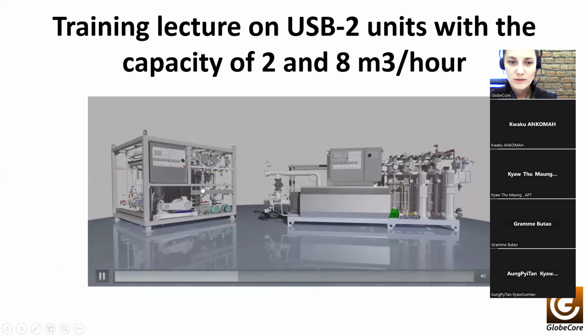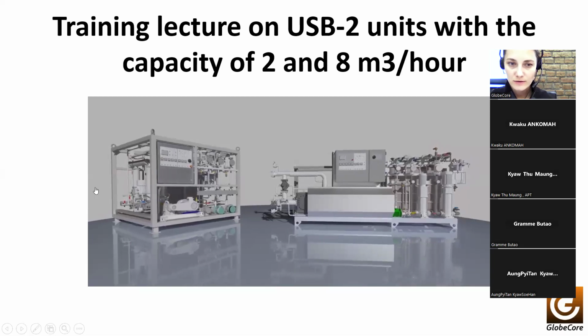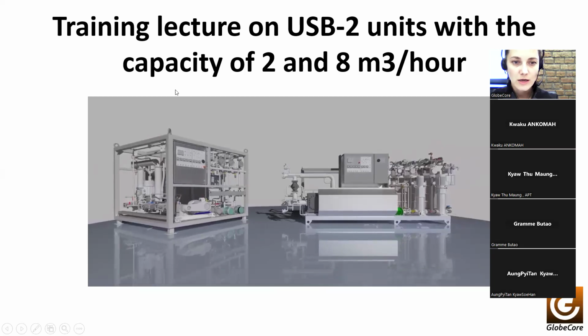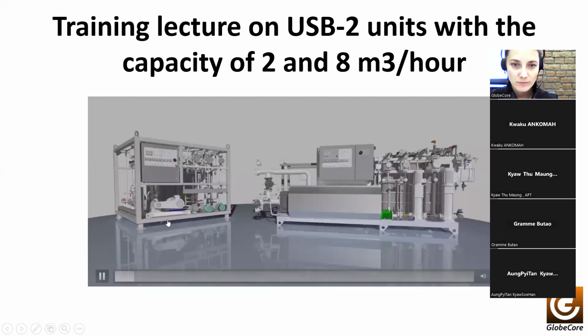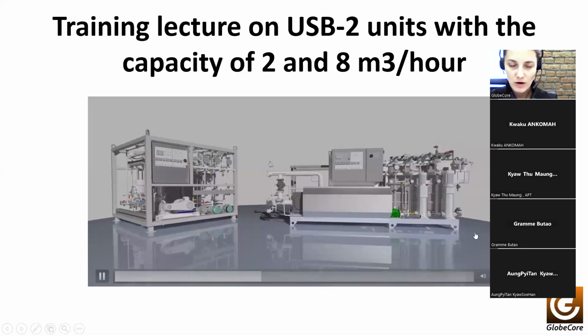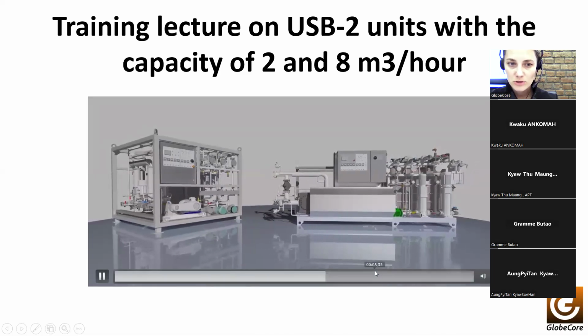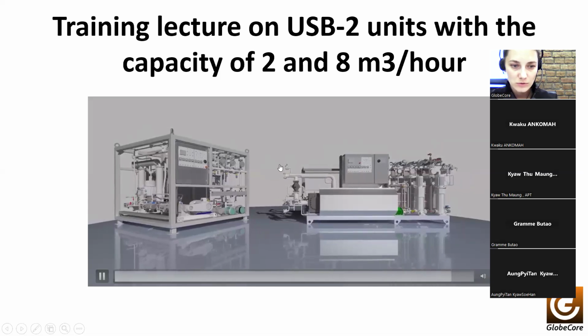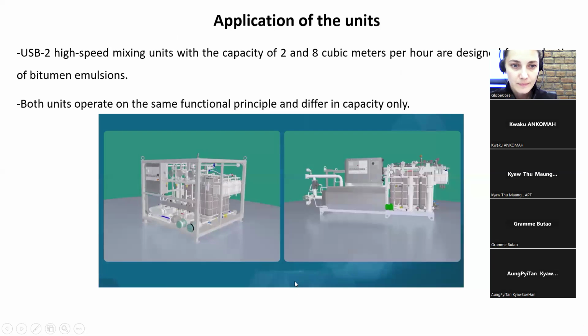Okay, so as you can see on this little video, on the left side, we have a machine with capacity 2 cubic meters per hour, and on the right with capacity 8 cubic meters per hour. They look pretty much similar, I mean, in design. It's just the difference is the capacity.